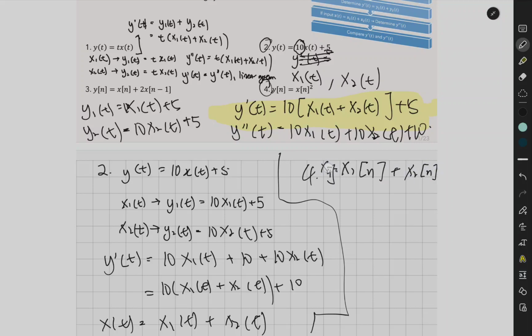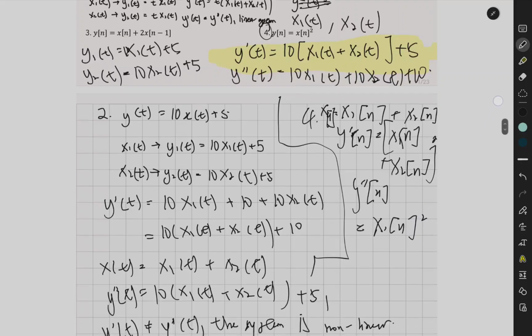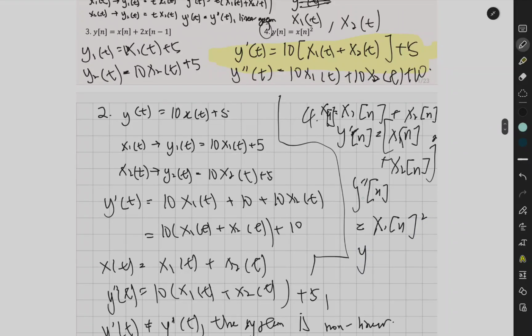So this is series, so we call it y bar n equals x1n plus x2n, squared. How about parallel: y1n equals x1n square, and y2n equals x2n square.